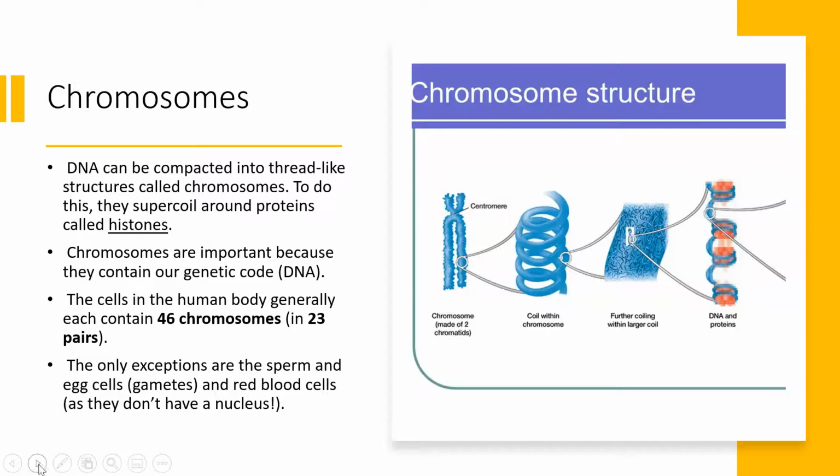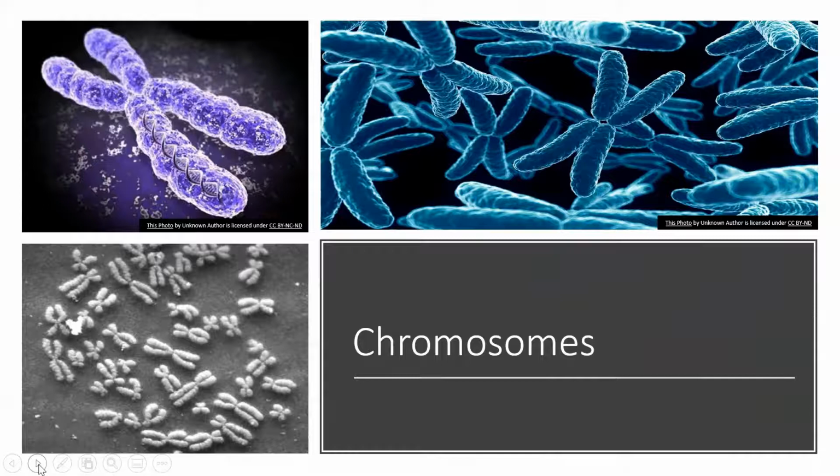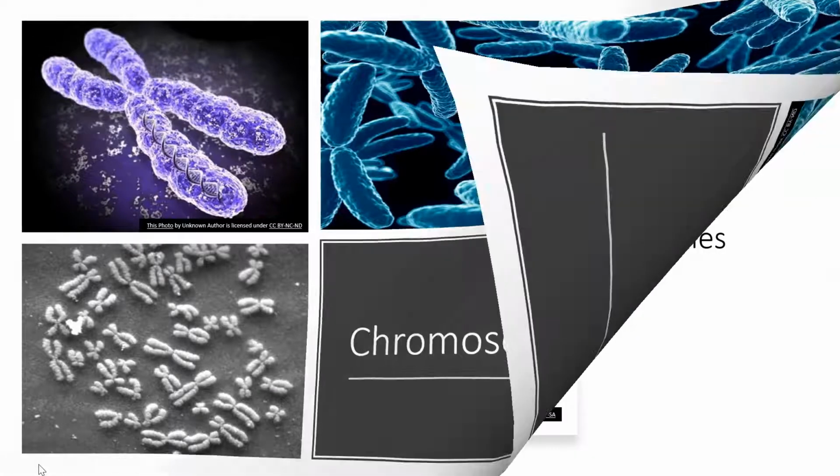A nucleus would be wasting space in a blood cell. Here we've got some different representations of chromosomes. Some are electron micrograph pictures, others are computer generated images of how chromosomes look.